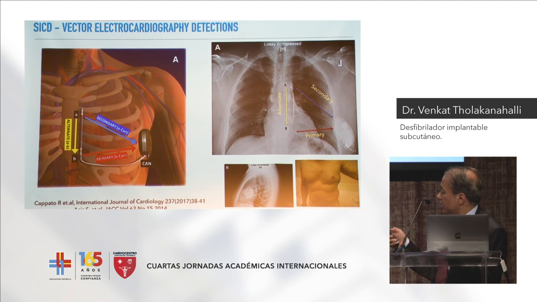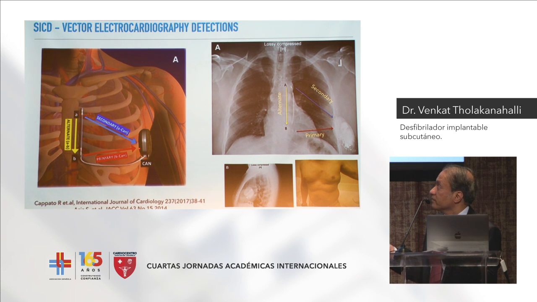Typically, how the ICD reads this electrogram is it uses a primary vector. The primary vector is the cathode is the body of the defibrillator can, and there is another pole here. From here to here it is used as a primary, where it automatically switches to a secondary if for some reason it cannot see the ventricular tachycardia in any particular situation.